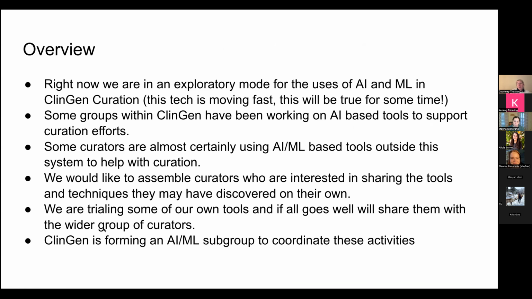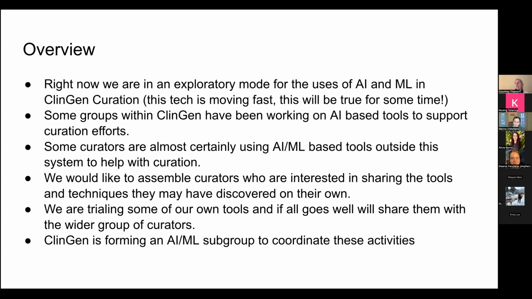So right now, ClinGen is in an exploratory mode for the uses of artificial intelligence, machine learning, automation, anything that's a computational method for ClinGen curations. But we want to note that this technology is moving so fast, this will be true for some time. So we want to be very thoughtful about where we want to put our time and energy to help promote the use of this to help you all out, and that we're not changing things over and over and getting you all confused as users.